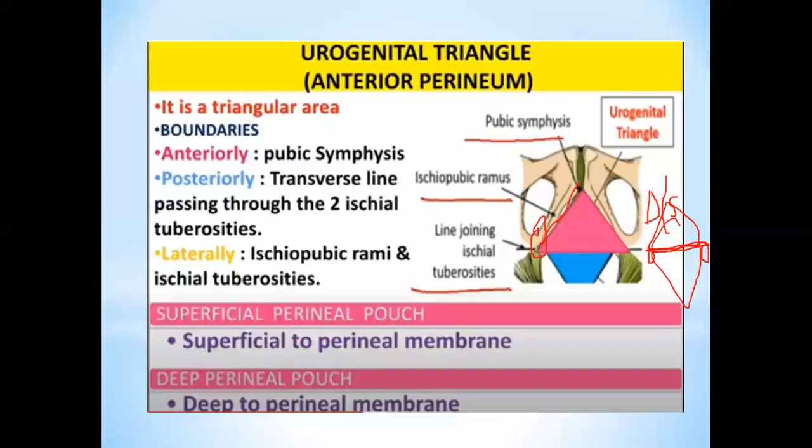So we have just studied two things. One is the pelvic diaphragm. Another is the urogenital triangle, or another name we can call it, the urogenital diaphragm. Can anyone tell me the difference between both of these? Between the pelvic diaphragm and the urogenital triangle or urogenital diaphragm.